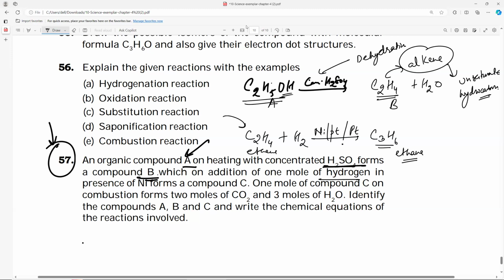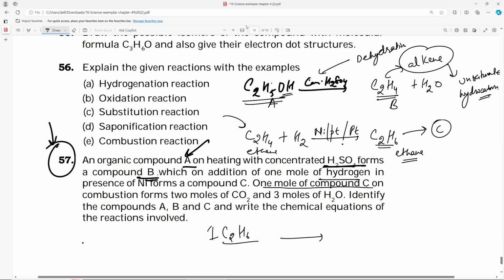Why? Because it is saying that when 1 mole of compound C, 1 mole means it should always be 1. It is not C3, it will be C2H6 because it is 2 carbon here. So when we have C2H6, it should be 1 here.